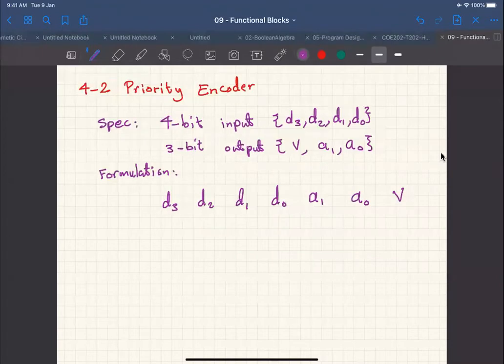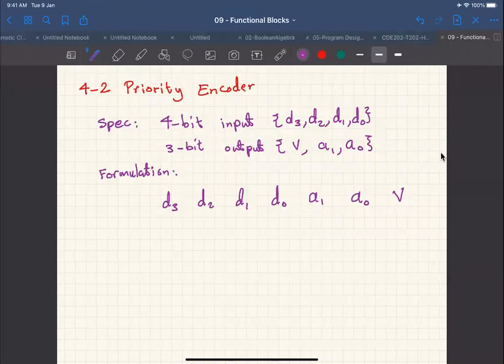Four rows? Only 4 rows? Maybe 5 because I have the 4 priority inputs. Is it 16, because we are considering every case?